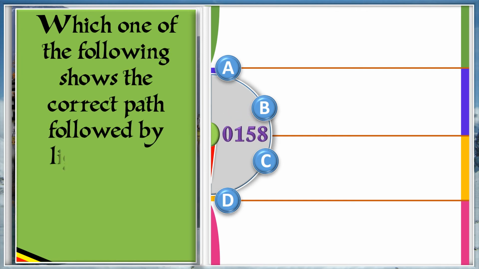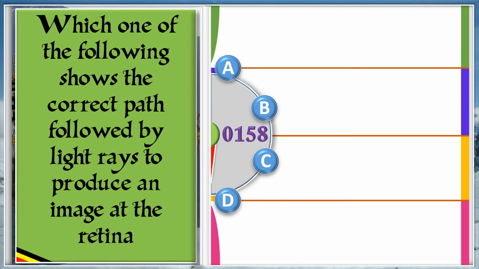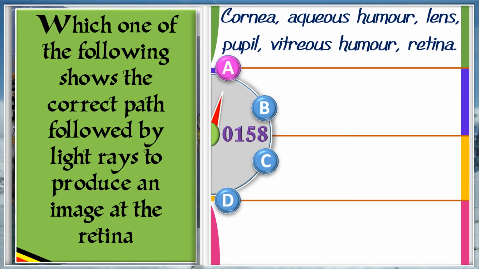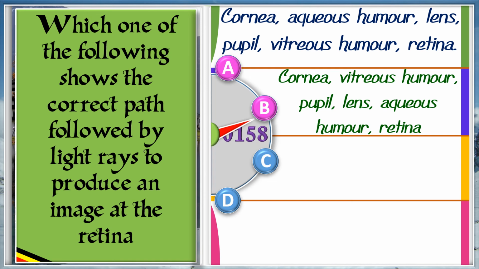Which one of the following shows the correct path followed by light rays to produce an image at the retina? A. Cornea, aqueous humour, lens, pupil, vitreous humour, retina. B. Cornea, vitreous humour, pupil, lens, aqueous humour, retina.